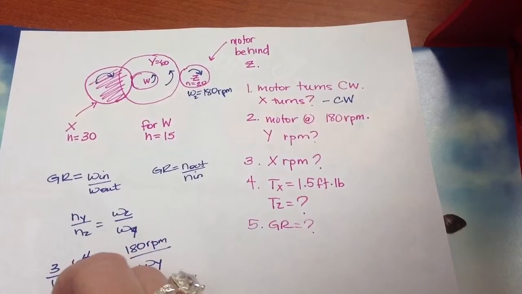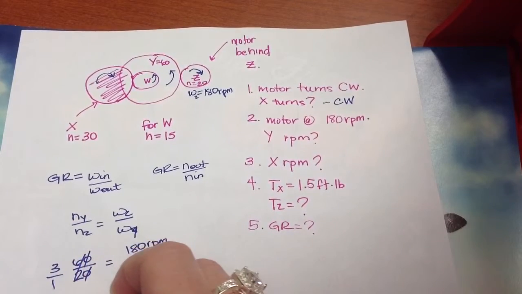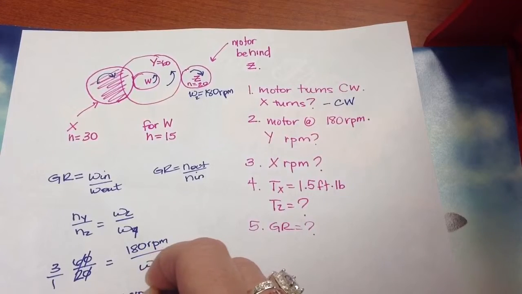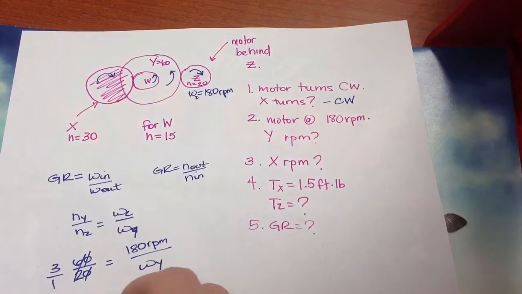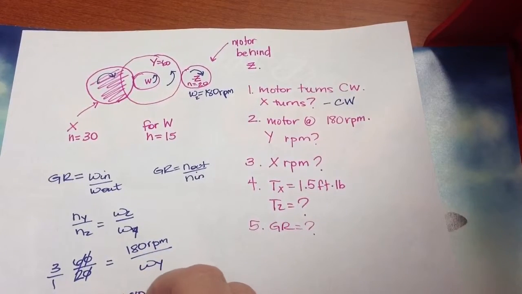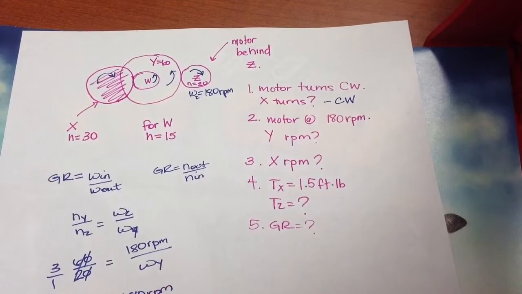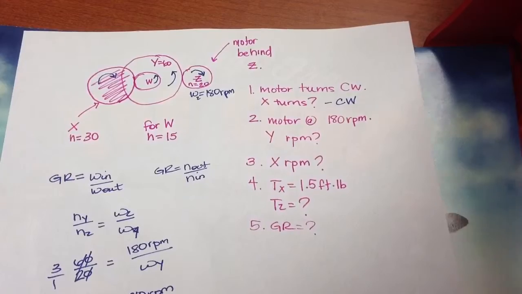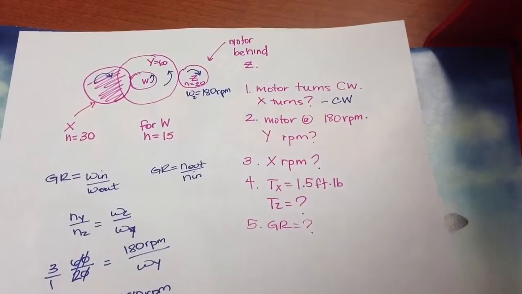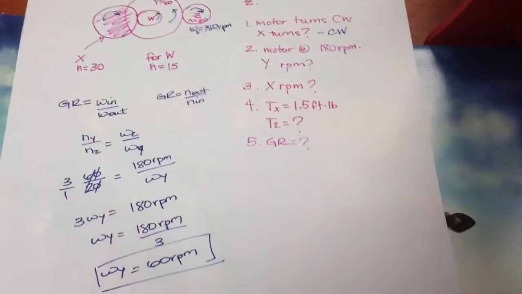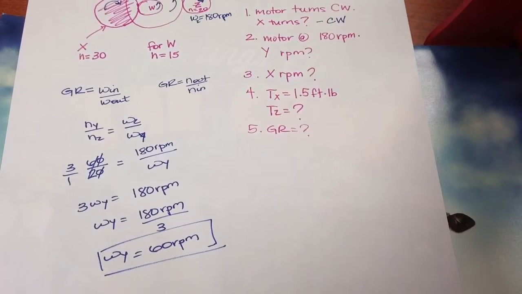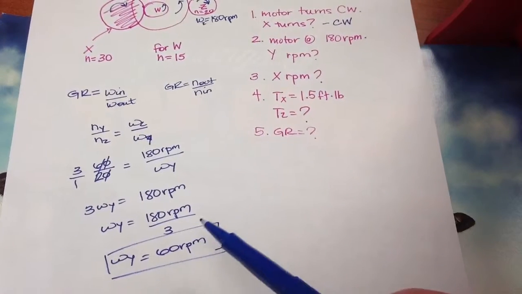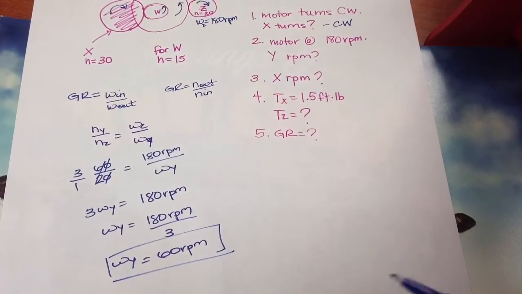So the speed of, oops, I've gone off the screen there, sorry. So the speed of gear Y is going to be 60 RPM.